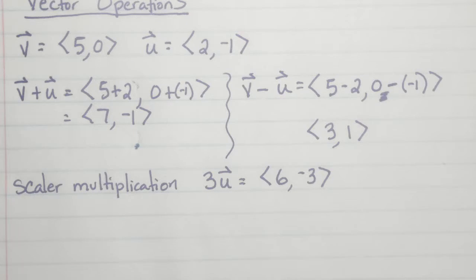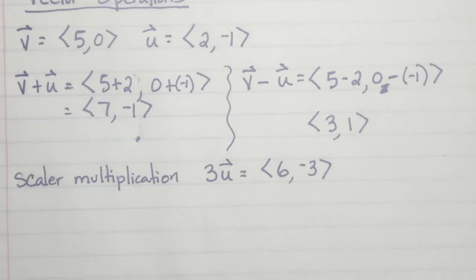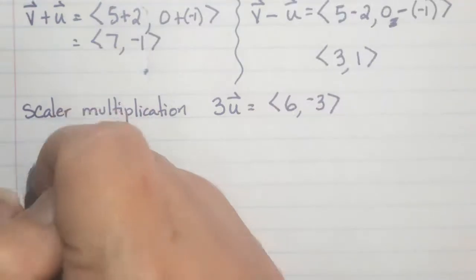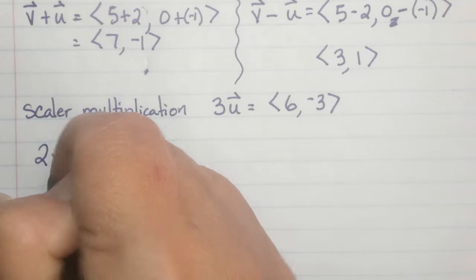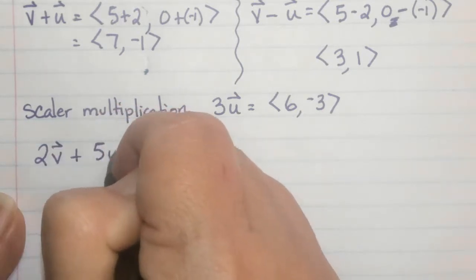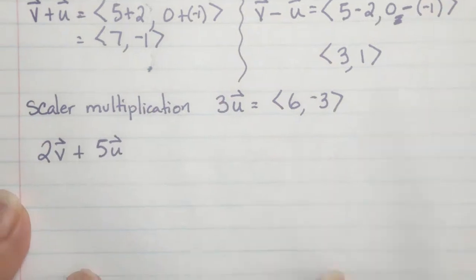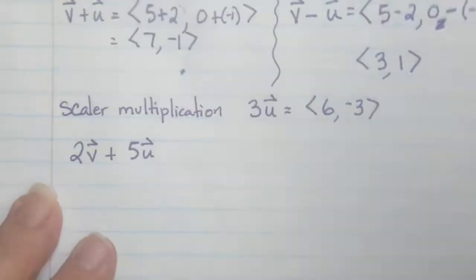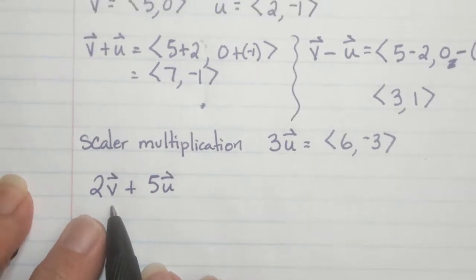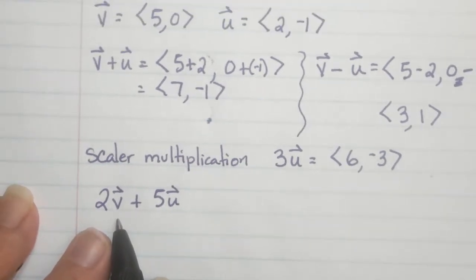Alright, so then we want to put some of these together. If I was going to do 2v plus 5u, I'm going to do my scalar multiplication first.